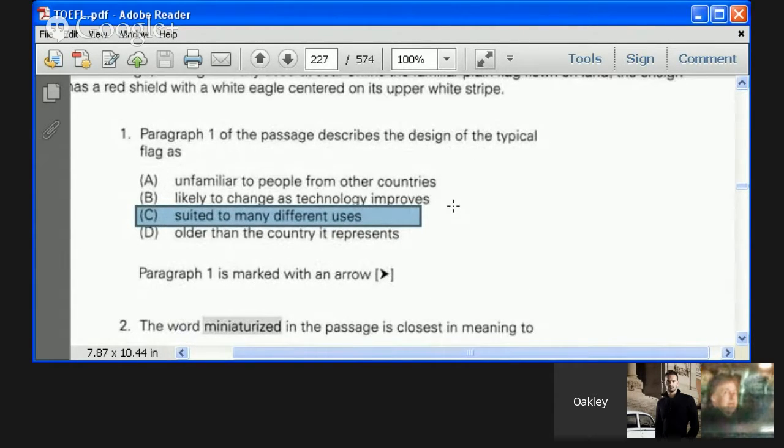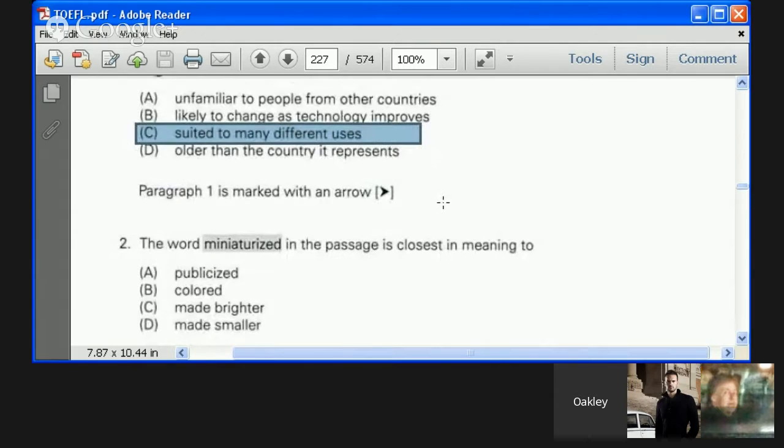So don't be afraid of answers that are too general, especially when the question is a summary question. In fact, you're summarizing paragraph 1. If you're summarizing, it should be general. If it's too specific, it's probably wrong. So Giovanni, your thinking was just a little bit backwards. The answer is C.